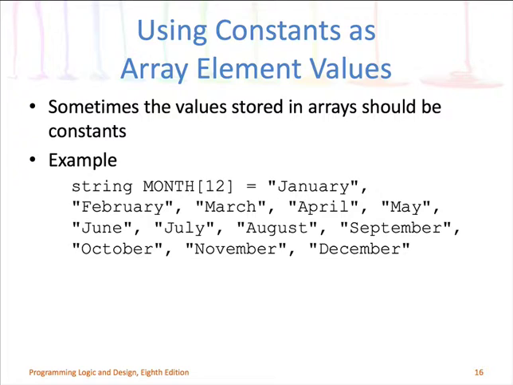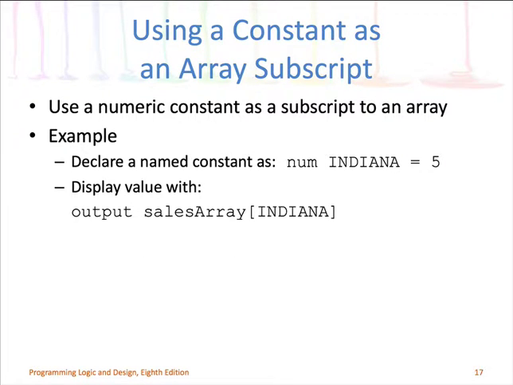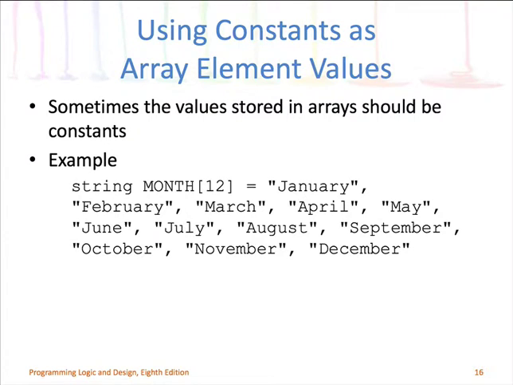And then they define January, February, March, etc., all the way through December. So that's the array. Now, January is in location 0, and December is in location 11. So what we would have to do is take a numeric month, subtract 1 from it, and then look up the element in the array to get the correct month.